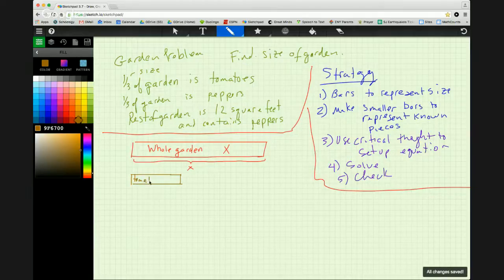Let's just say the rest is, let's just draw it like this. So we got tomatoes and we got peppers and we got squash. So our second thing is we're going to draw some bars that represent the whole garden. And then we're going to label the pieces.